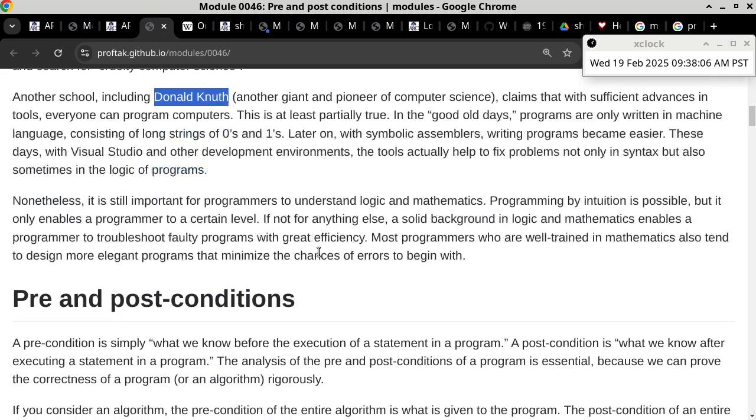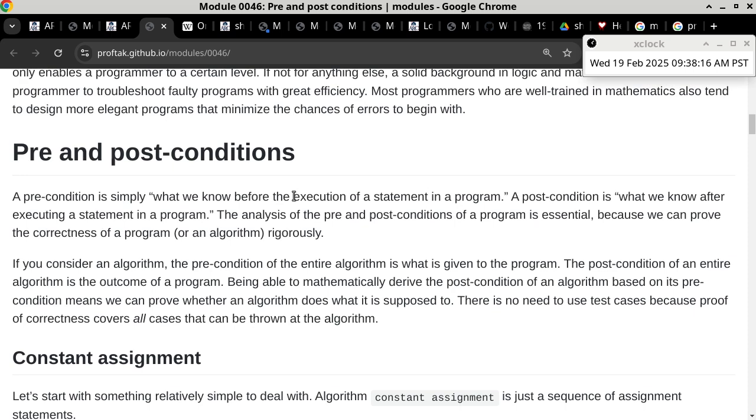So anyway, I'm not taking a particular stand on whether mathematics is actually required or not, but I'm giving you guys some exposure. The concept of pre and post conditions is to specify, after the execution of a statement, if we know the precondition prior to the execution of that statement, can we deduce the condition that has to be true after the execution of that statement?